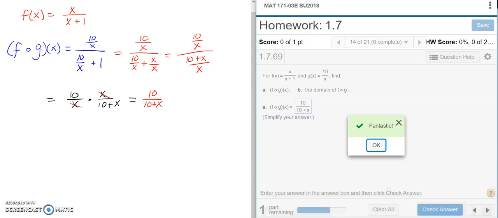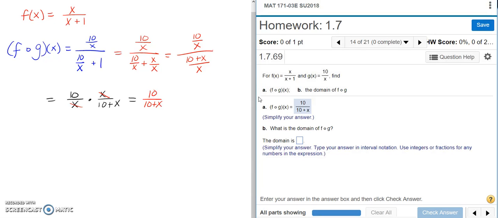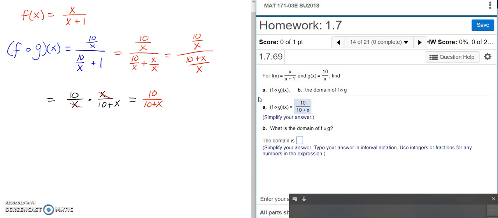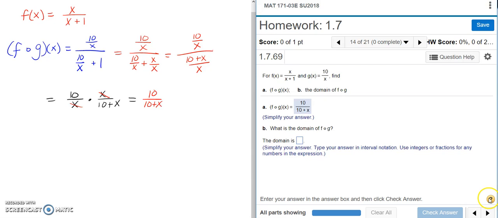Great. So now we have to talk about the domain. When you're doing the domain of a composite function, you need to think about what values to exclude from your final answer and what values you need to exclude from the function that you plugged in.